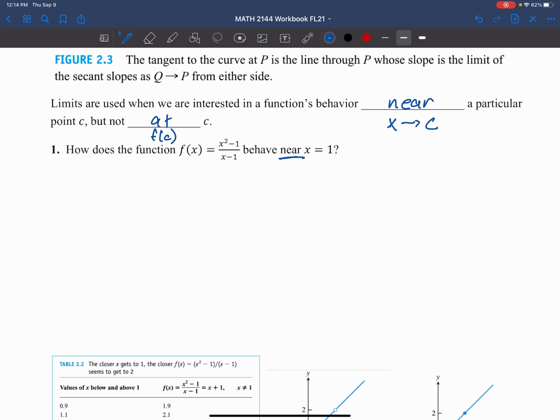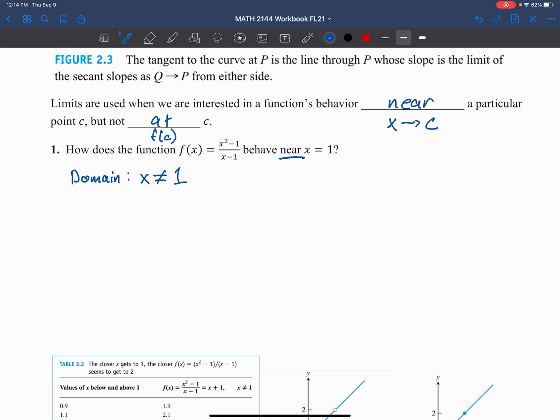How does the function f of x equal to x squared minus 1 over x minus 1 behave near x equal to 1? Well, to start us out, let's think about what the domain of this function is. If you were looking at this rational function, what is excluded from the domain? 1. So the domain here is essentially x cannot equal 1.